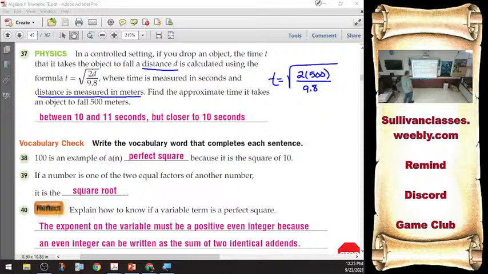Well, if I'm doing the square root of 102 point something, that's our estimation problem. 102-ish is somewhere between the square root of 100 and the square root of 121, right? 100 and 121 were on our perfect square list. Yep. 102-ish is between there, but it's closer to 100 than it is to 121, so I know my answer is going to be closer to or about 10 seconds.